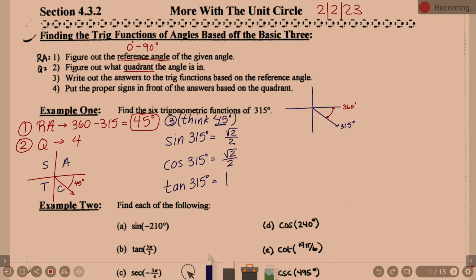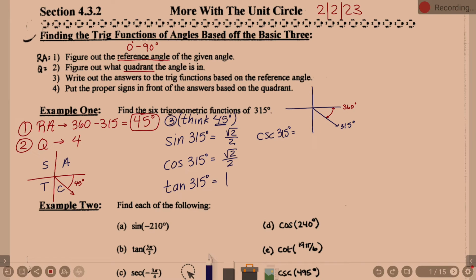Now, she said to do all 6, didn't she? So the reciprocal function of sine is cosecant. So, cosecant of 315 degrees: square root of 2. It's the reciprocal of, remember they gave me the form 1 over square root of 2 earlier?